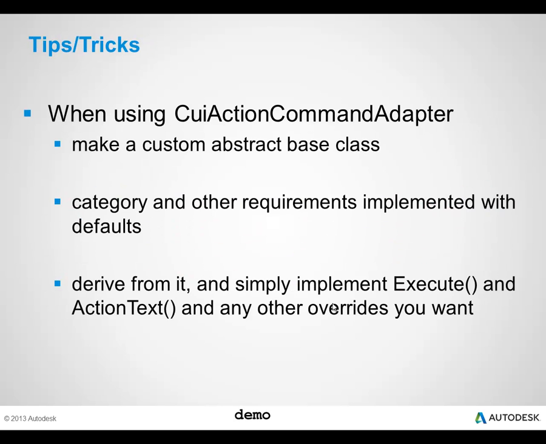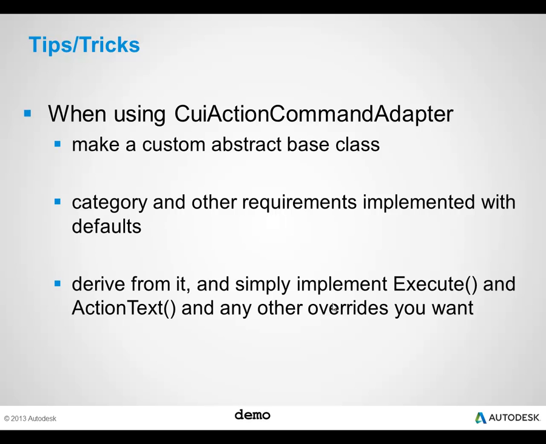So just a few tips and tricks before we look at some sample code. When using CLI Action Command Adapter, you'll see that over and over again you have to implement kind of the same thing. For example, you have to implement an internal category string and a category string. So every time you create a new action, a new command, if you will, you have to implement that, where in most cases your category is going to be the same for all your actions.